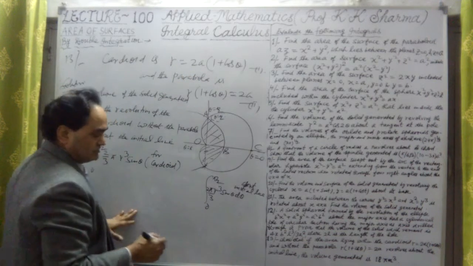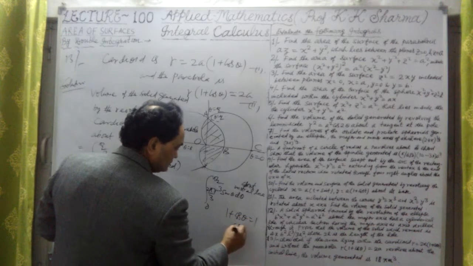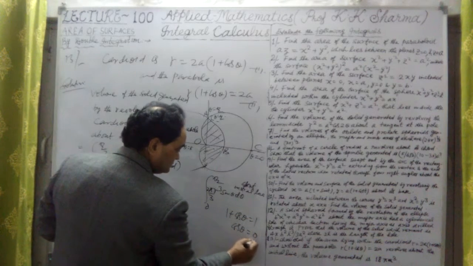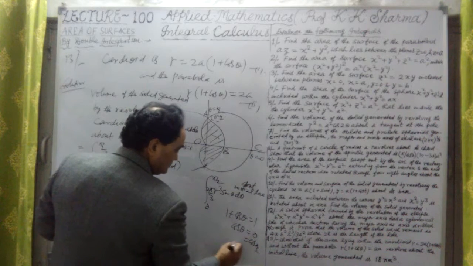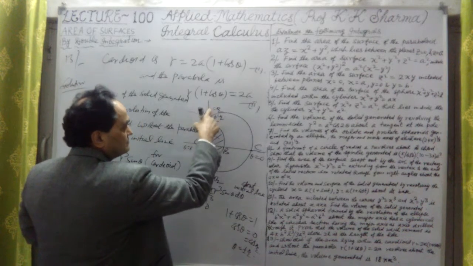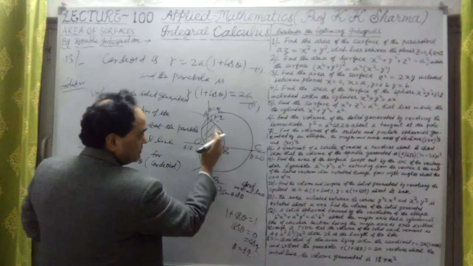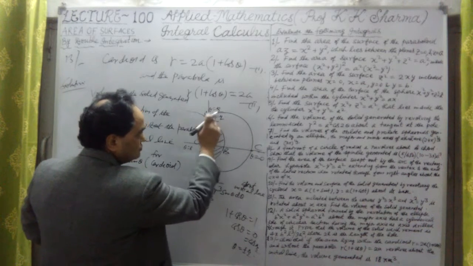Then we obtained 1 plus cos theta equal to 1, or cos theta equal to 0. That means theta is equal to plus minus pi by 2. This I have discussed already. And this is minus pi by 2, here theta is pi by 2. So the cardioid without the parabola is from 0 to pi by 2.